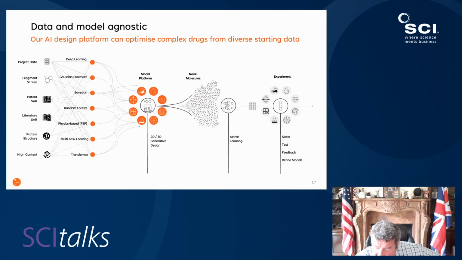So we're very catholic in the number and type of AI algorithms we use: Gaussian processes, Bayesian processes for decision making, random forests. We do a lot of physics-based molecular dynamics simulation, multitask learning, transformer models, and the real workhorse of the majority of AI methods, deep learning.